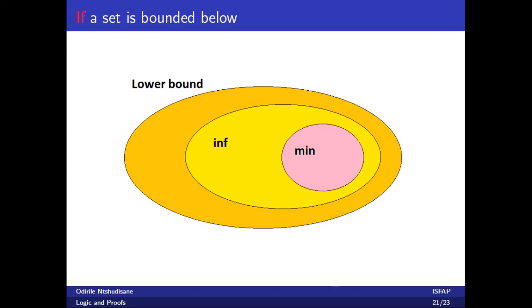So, if a set is bounded below, then there is a set of lower bounds. One can create the set of lower bounds of the set, and amongst the set of lower bounds, there is one which is the greatest lower bound, and that is termed the infimum. And additionally, if that element is an element of the set itself, it is in fact the minimum.